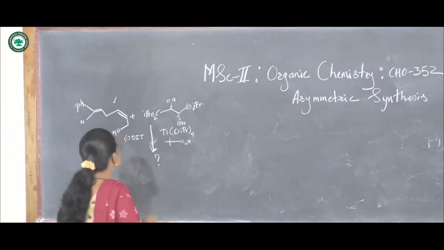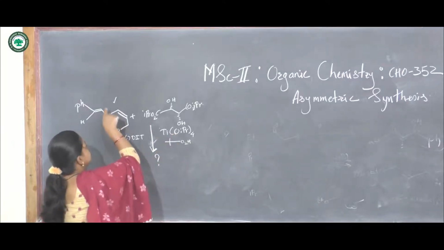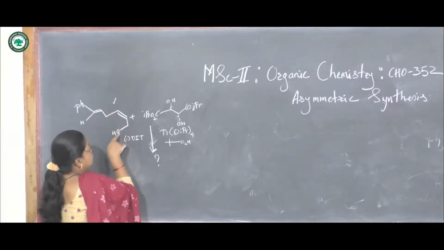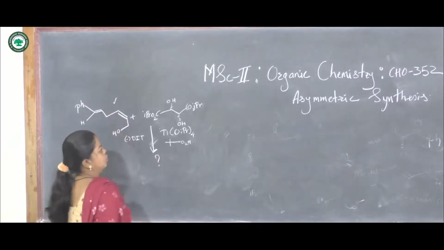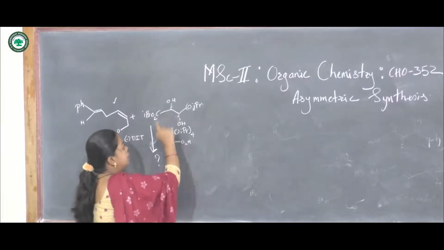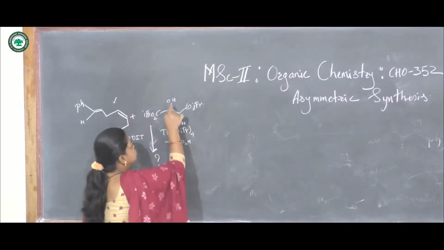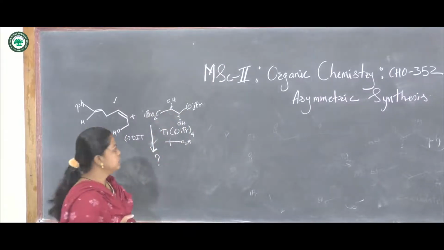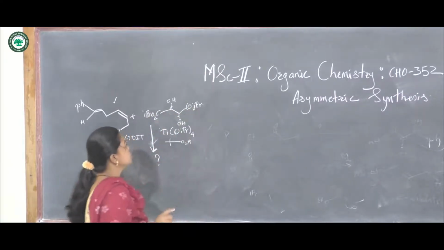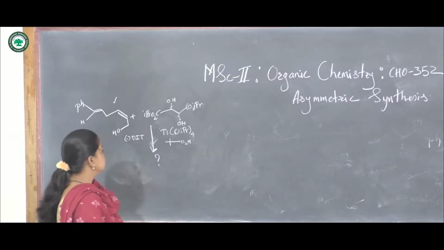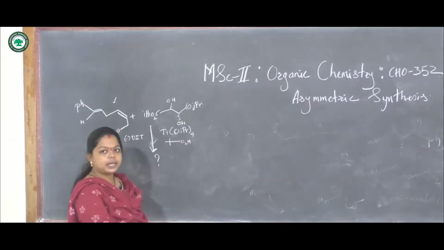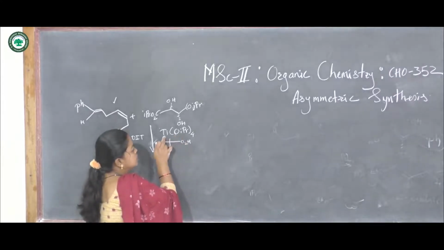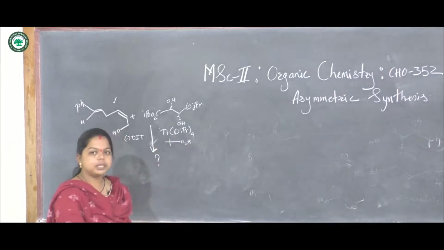When we consider the substrate, this is a non-conjugated diene compound, and again an OH group is present. So this is an allylic alcohol. The second compound has two OH groups and a carboxylate group to which an isopropyl group is attached, so it is the diisopropyl tartrate molecule.